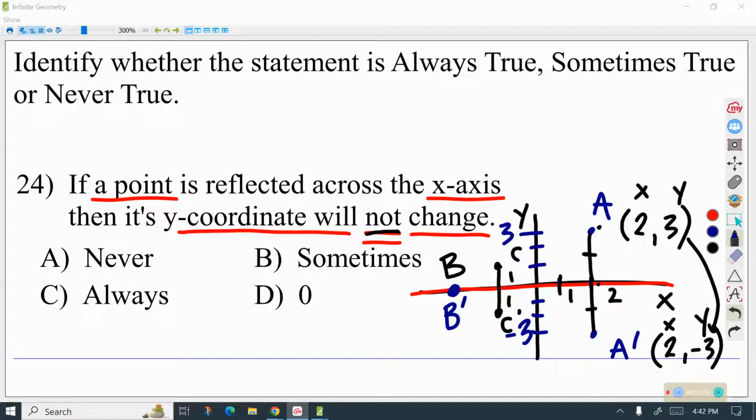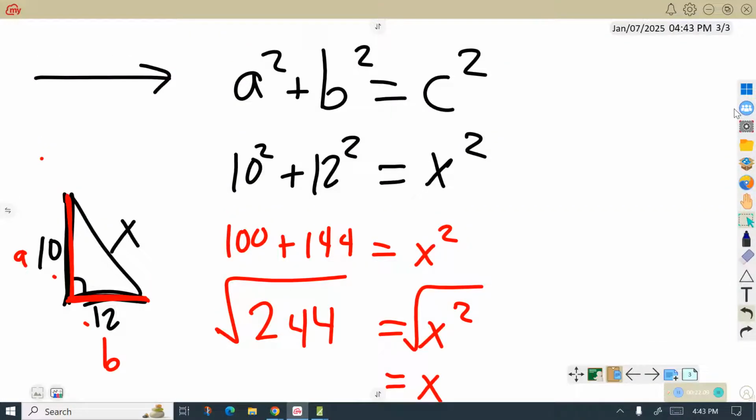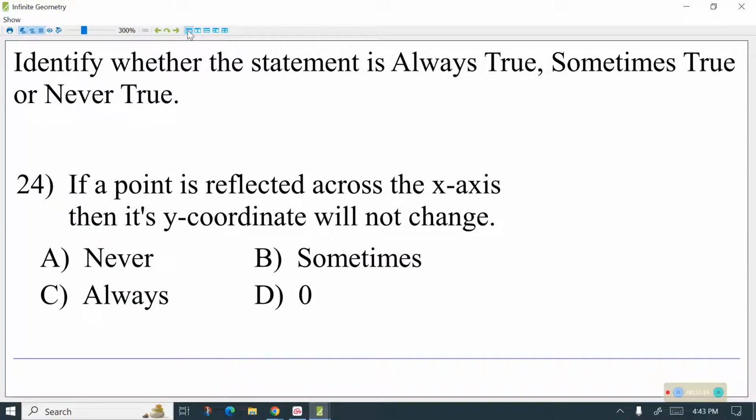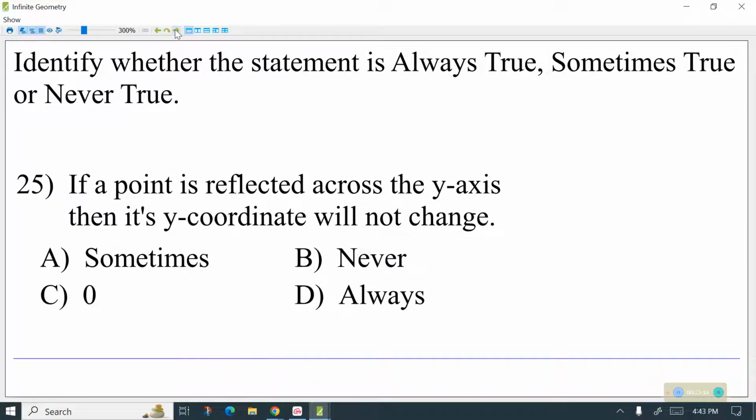So that means sometimes you can reflect the point across the x-axis, but its coordinate doesn't change, okay? That's sometimes true. And it's only true when a point is directly on the x-axis. So the way to solve these problems, these are actually probably the most sophisticated problems I gave you guys on this assignment, is because you have to do some experiments and test to see what's happening, okay?